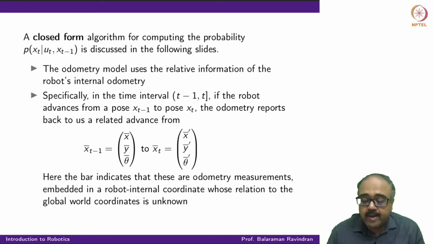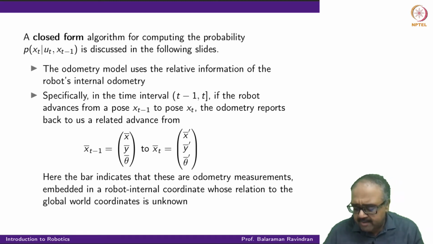So, while the robot actually moved from x_{t-1} at time t-1 to x_t at time t, the odometry tells us it moved from x bar_{t-1} to x bar_t in that time interval. So, what is the use of this?